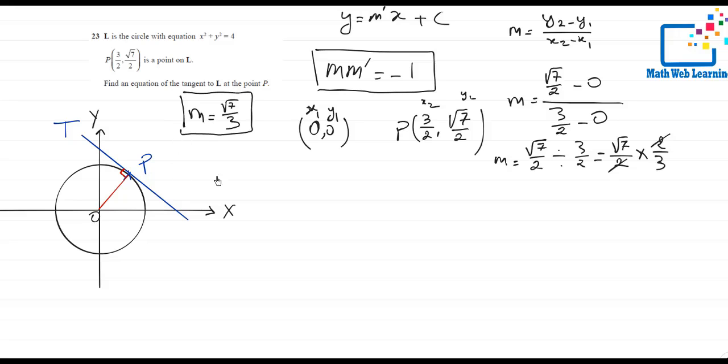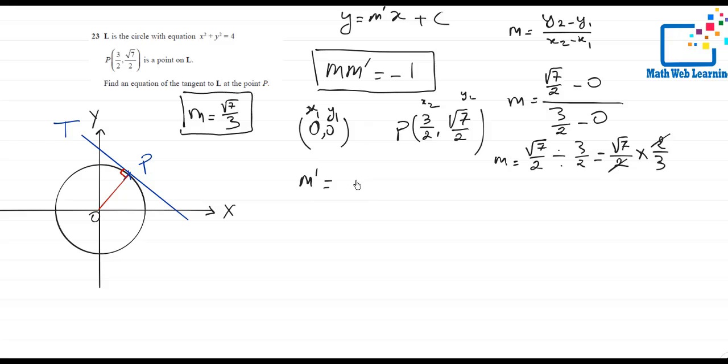So what's the point of calculating the gradient? Well, because with this formula here, if I know m, I can work out m dash. That's why I need that, and then I can go and find c, the intercept, and that would complete finding the equation of the tangent. All right, so let's find m prime or m dash. That is the gradient of the blue line.